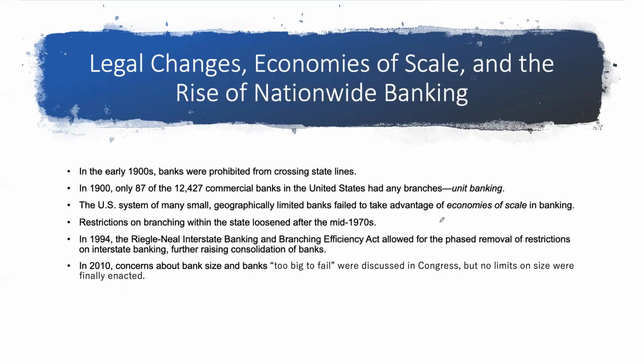So in 1900, of the about 12,000-odd banks in the US which had a charter, only 87 of them were federally chartered. The rest were all carrying state charters. So they're all geographically confined to small areas. But these restrictions began loosening up by the mid 1970s, right?